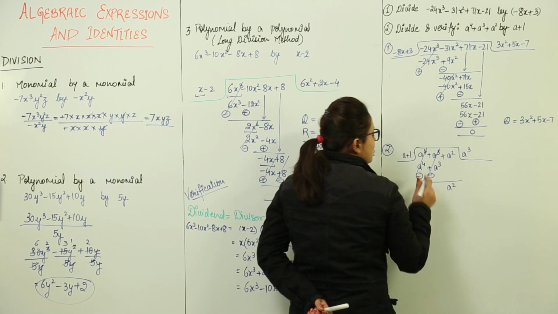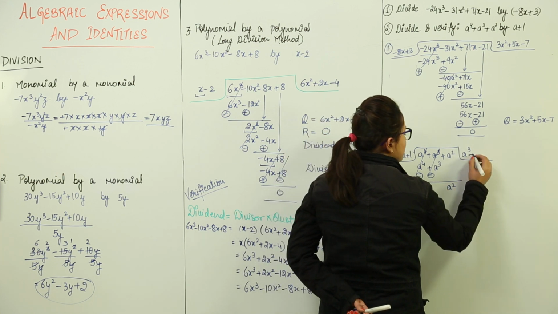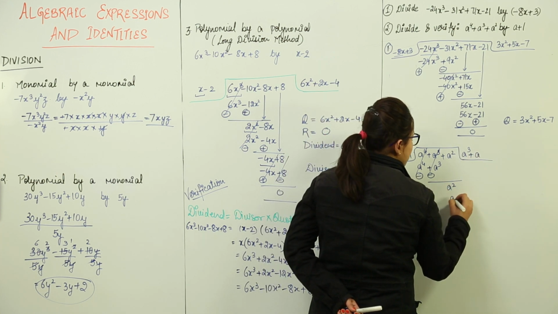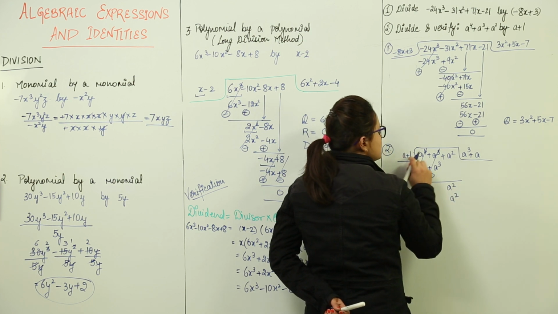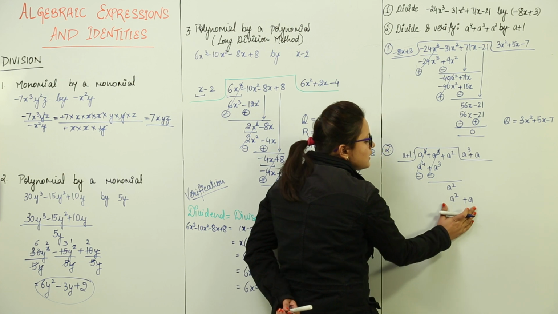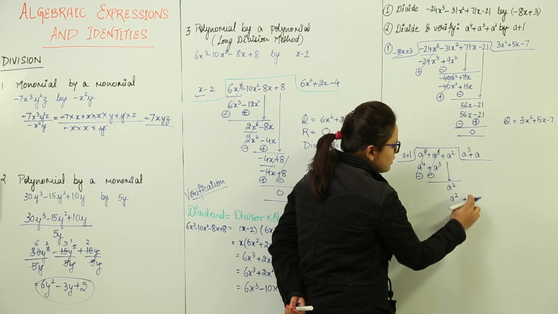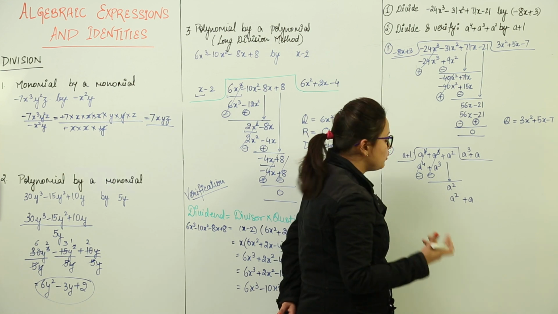What are we left with? A square. Now what is a multiplied with to get a square? We multiply it with a. We get a square. Now plus 1 into a, we write a. Now we can see in this question we do not have any other term with a variable. Now what do we do?